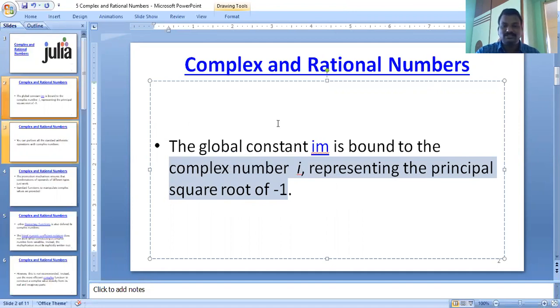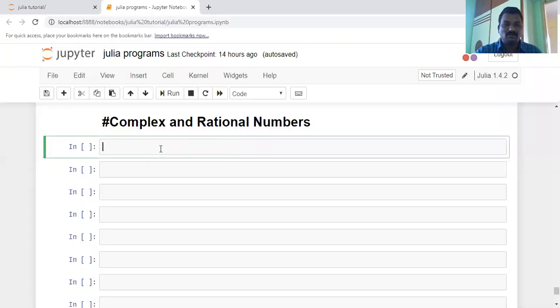For example, if you take a simple example, how can you represent a complex number? I am writing 1 plus 2im, a simple complex number.